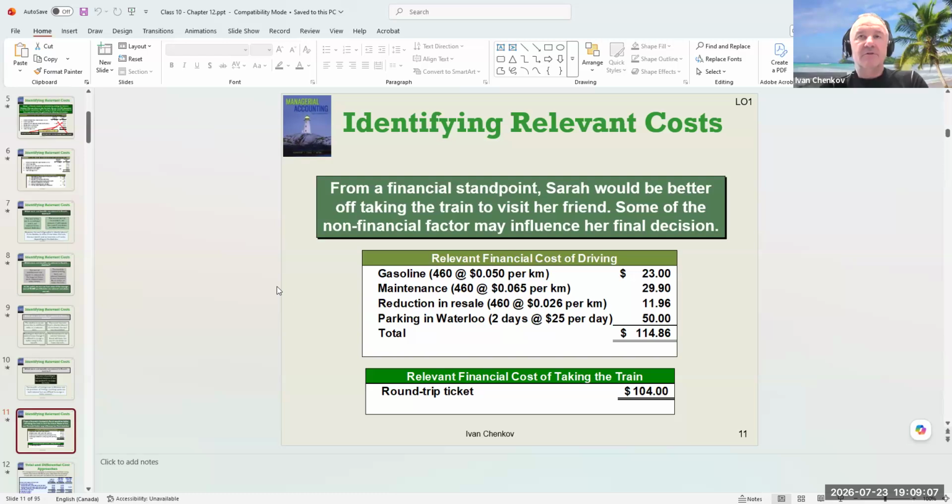And now it's you. You see that the relevant financial cost is 114, the ticket 104. So you have a $10 difference. What are you going to do? Drive or train? We already established, based purely on the cost, train, no questions about it.